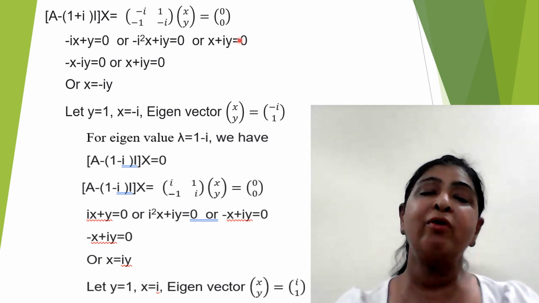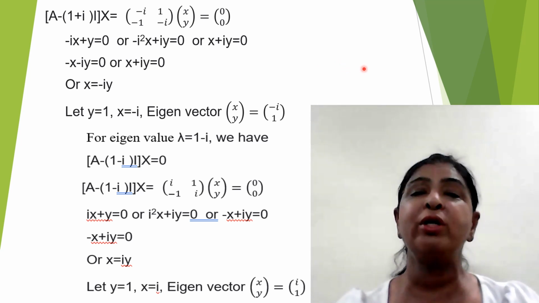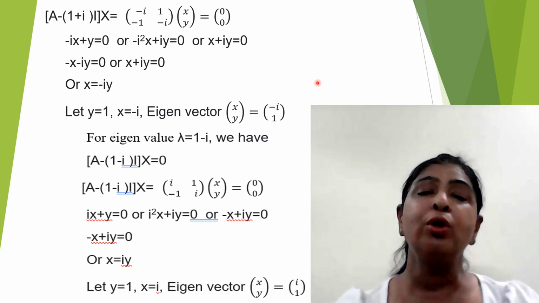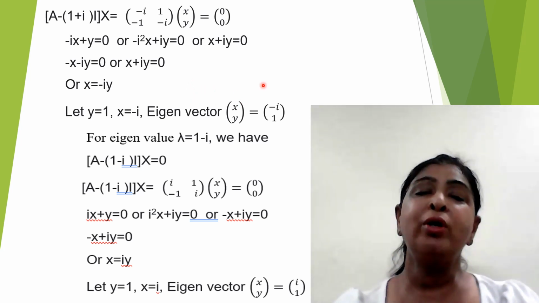We want to solve this equation, so what will we do? We will multiply with iota. So when you multiply with iota, you will get x plus iota y is equal to 0, or x is equal to minus iota y.